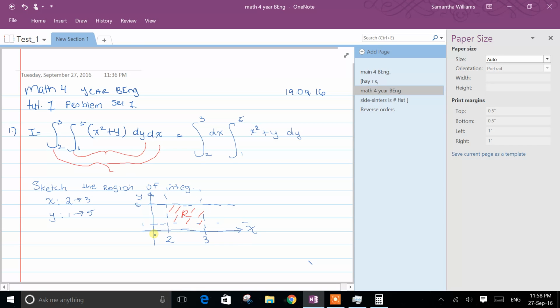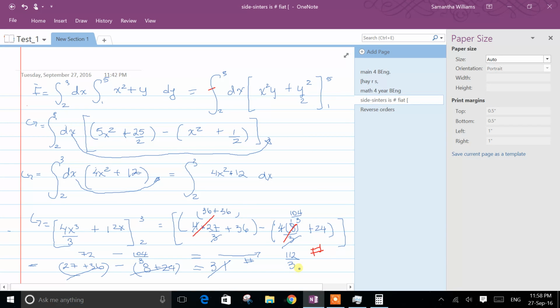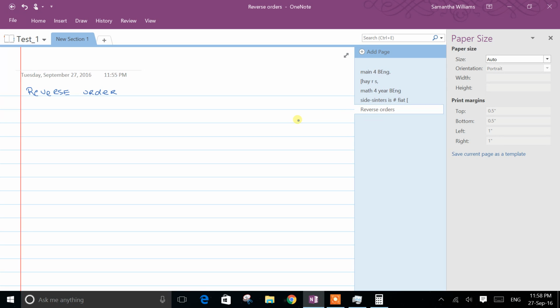And that's what it means graphically when we are reversing the order. But numerically, we shall still have the same volume, the same integral. So let's go back to that. We left here, and the value was 112 over 3, and we'll go back when we finish the calculations for the reverse order, and check to see if our answers are correct.